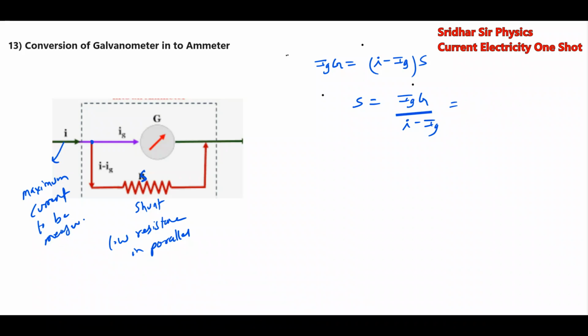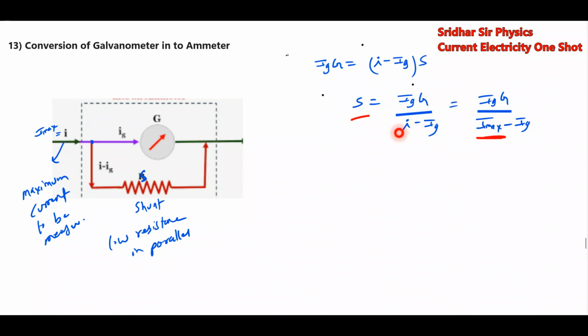We also call that I max. So as the range of the galvanometer increases, the shunt value will decrease.